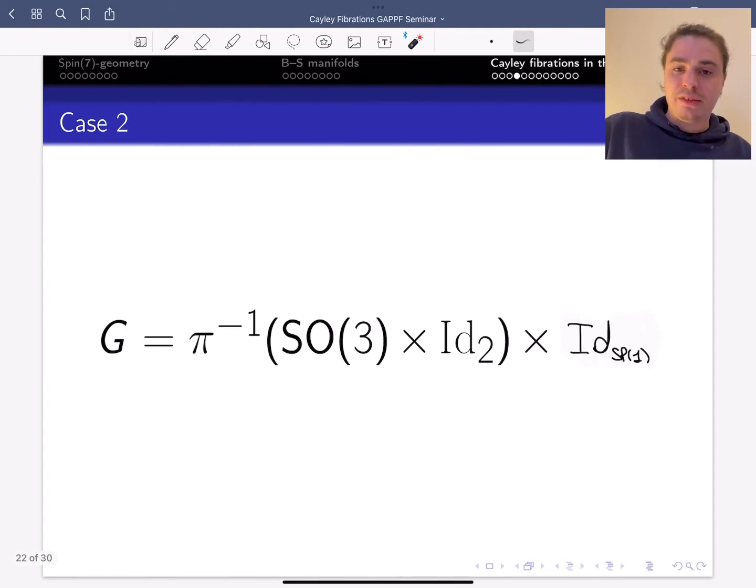So the second case is when G is considered to be the lift of the action of SO(3) times the identity, so the lift of this group acting on R5, times the identity on Sp(1).